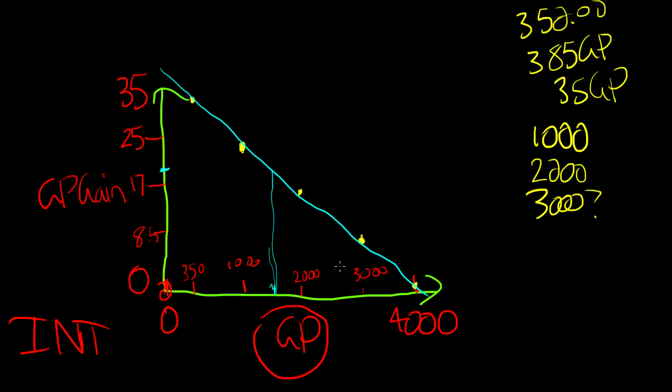And we can do this for any GP. We can essentially say, at 2500 GP, they're going to have gains of around 11 or something around there. We can do this for 500 GP, etc. So essentially what we can see is that there is a pattern here. The lower the GP you have, the higher the GP gains you get. The higher the GP you have, the lower the GP gains you get.